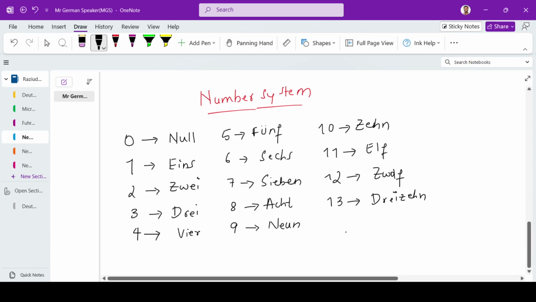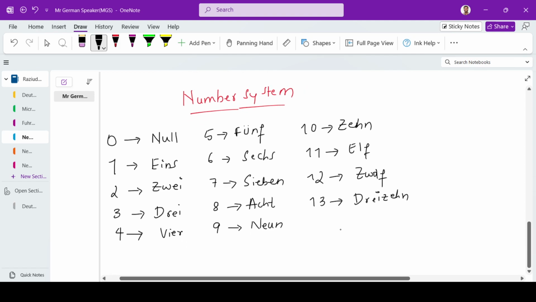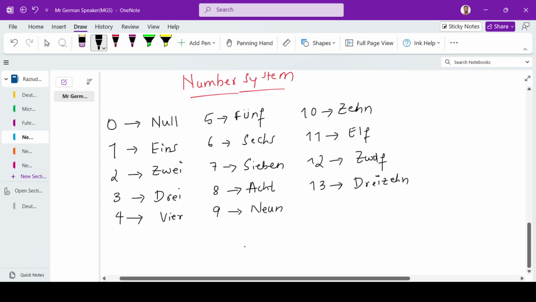The reason for me stopping here is that from here on we follow some tricks. The trick is that in the German system we write 13 as 3 plus 10. Anybody who knows basic maths knows that 13 is equal to 10 plus 3, or we can even write it as 3 plus 10. Both are equivalent to 13.